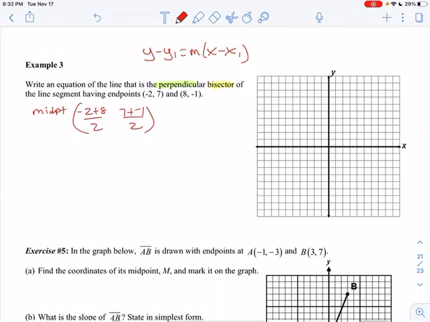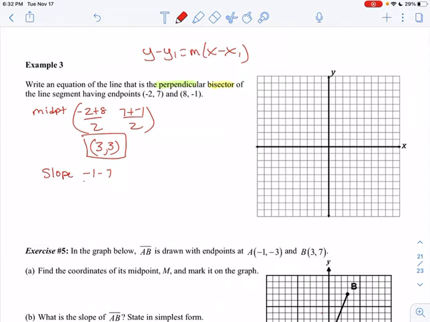So -2 plus 8 is 6. 6 divided by 2 is 3. 7 plus -1 is 6. 6 divided by 2 is 3. All right, so that's my point, (3, 3). Now I have to find the slope of my original line.